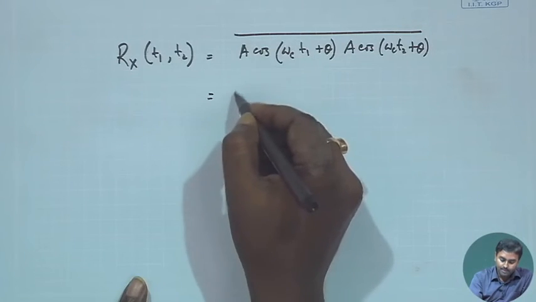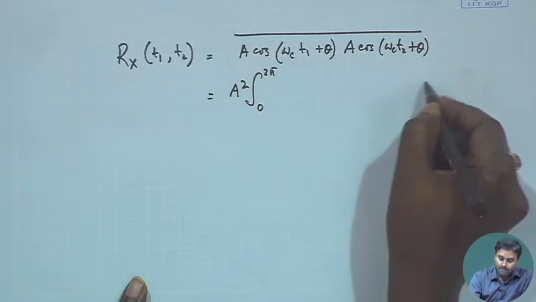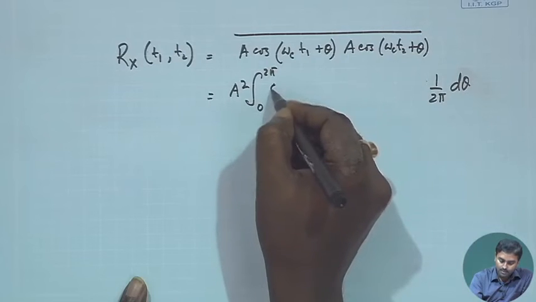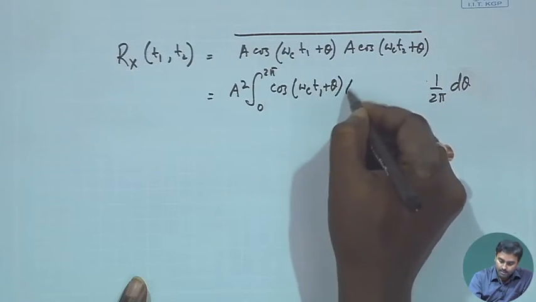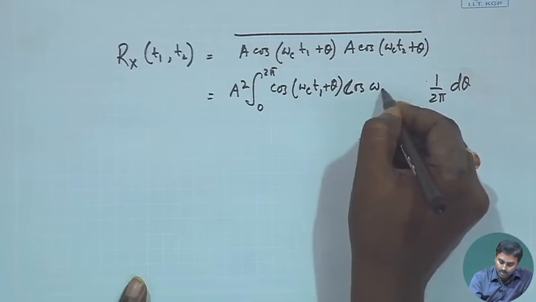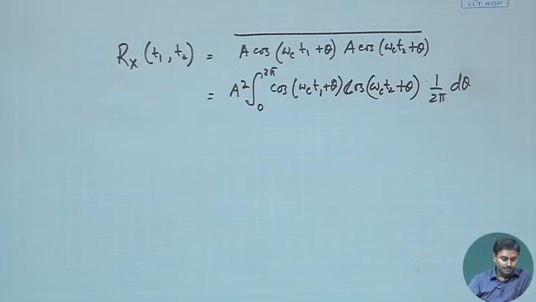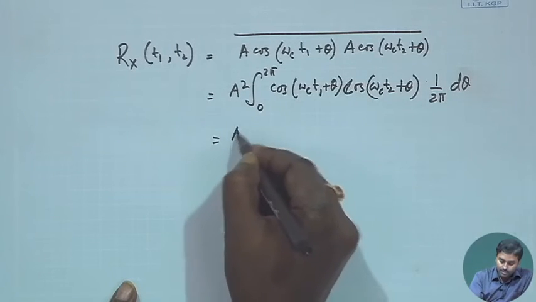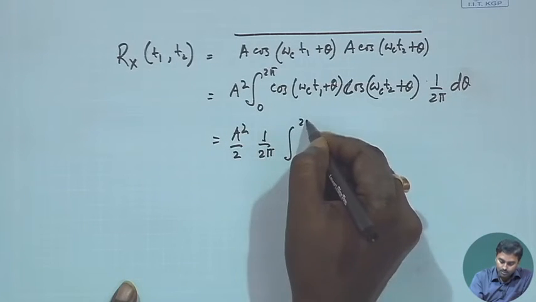So, this must be A square is there, integration 0 to 2 pi, PDF of that is 1 by 2 pi d theta, and into this function which is cos omega c T1 plus theta into cos omega c T2 plus theta, right. This is the one. I can take out, so A square by 2, 1 by 2 pi comes out, 0 to 2 pi.